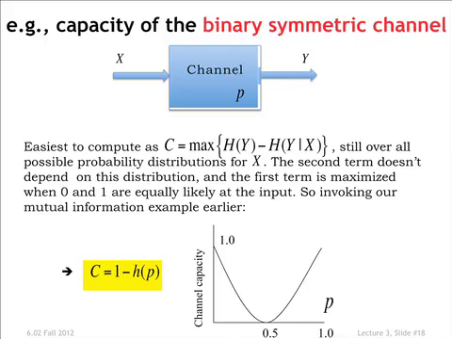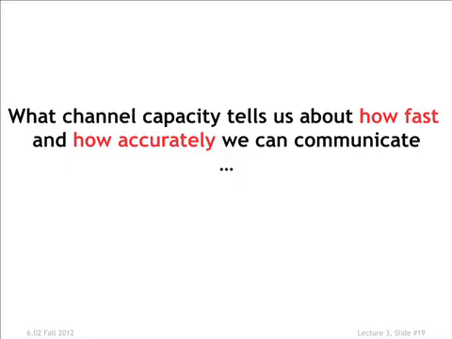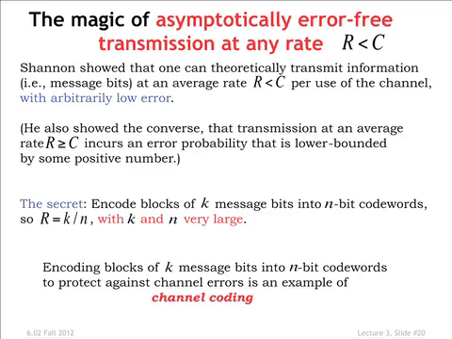Now that's just a definition, but it turns out to have some very practical implications for how fast and how accurately you can transmit data on a channel. And here's Shannon's result. What he says is that you can theoretically transmit information at an average rate below the channel capacity with arbitrarily low error.